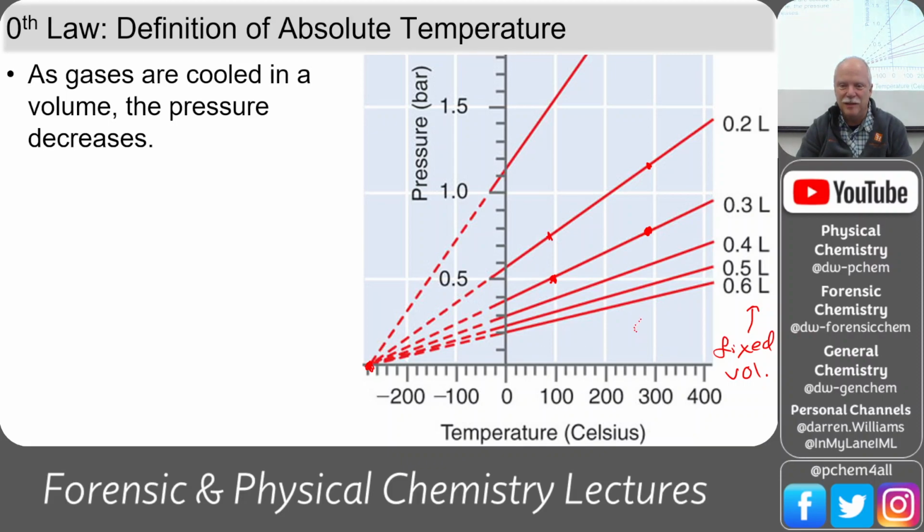We pick a larger container and redo the experiment, and we extrapolate all the way down. We hit the same temperature, negative 273 Celsius. And so it made sense to just move 0 down here, right? We've discovered absolute 0. That's the temperature at which the pressures drop to 0.